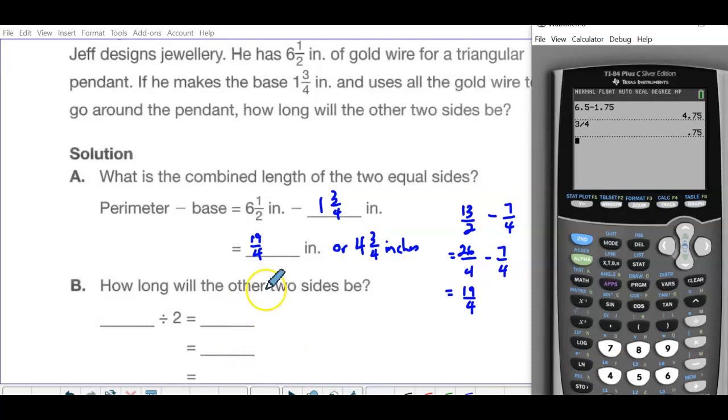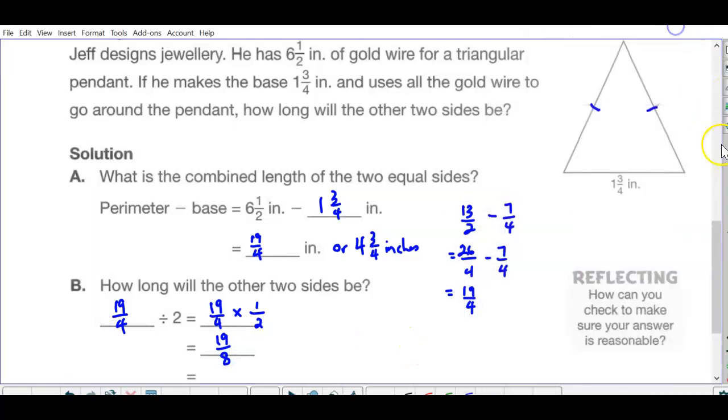Okay, so other 2 sides. So basically here, we know the total inches, so 19 over 4 dividing by 2. So remember, that's 19 over 4 multiplying by the reciprocal, and so that's going to be 19 over 8.